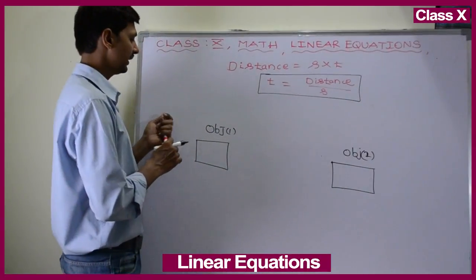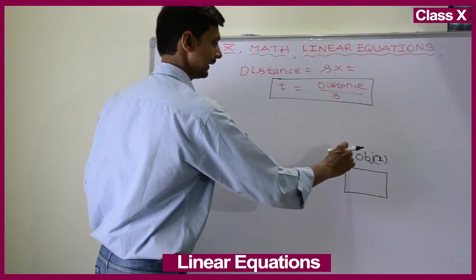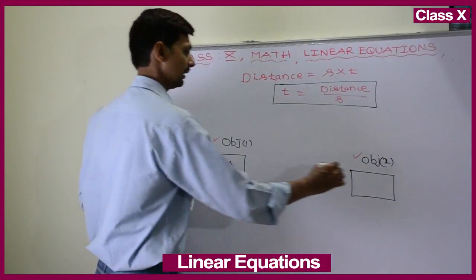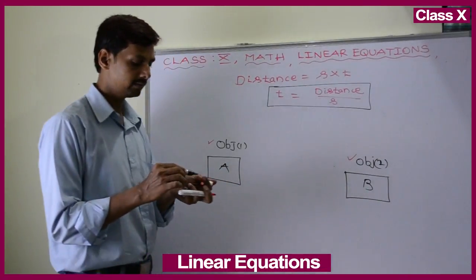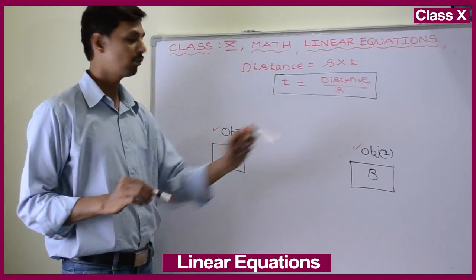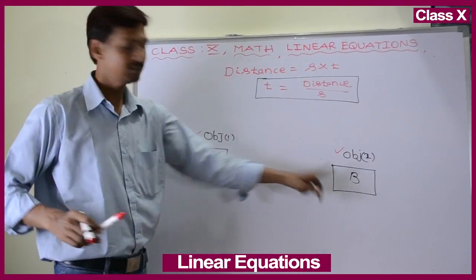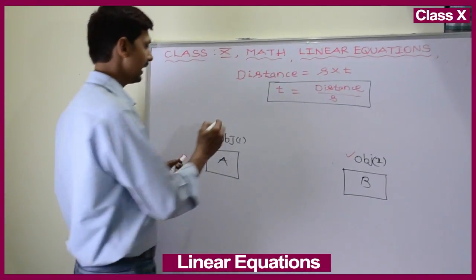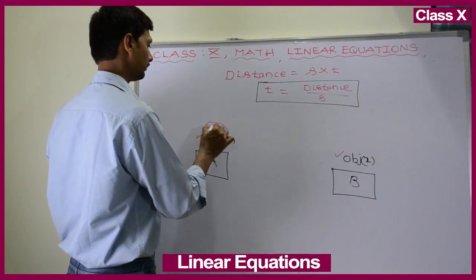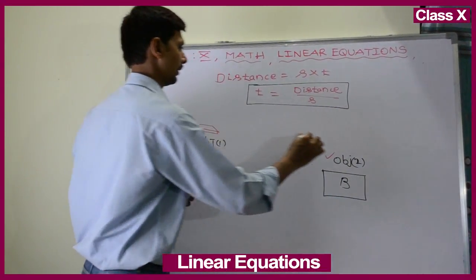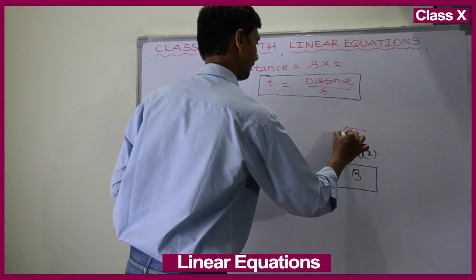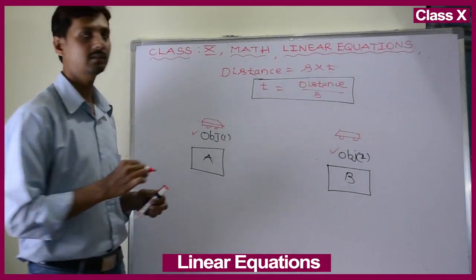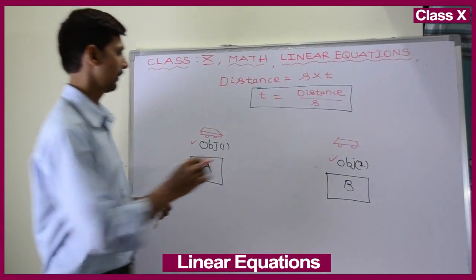This is one of the objects and this is the second object, and this is place A and place B. There are 2 points, point A and point B. This is one of the places and the second place, and there are 2 objects. Let us take those objects as one car and one more car. There are 2 cars.